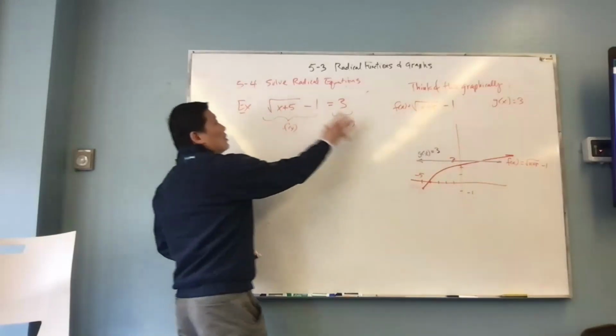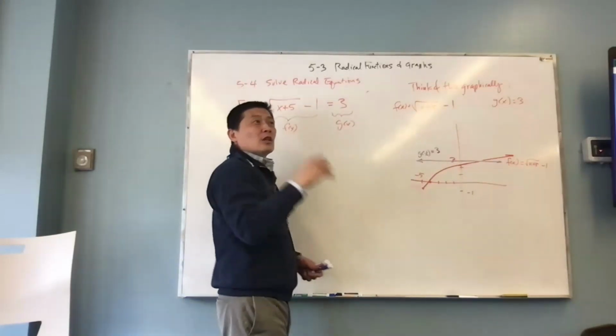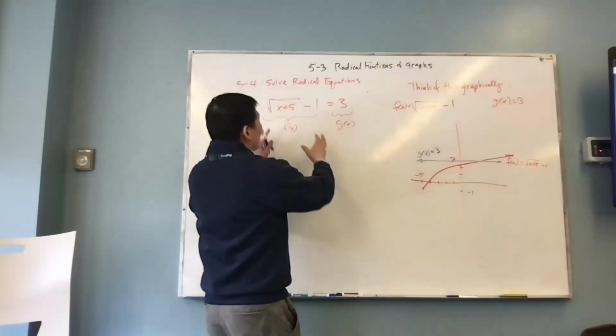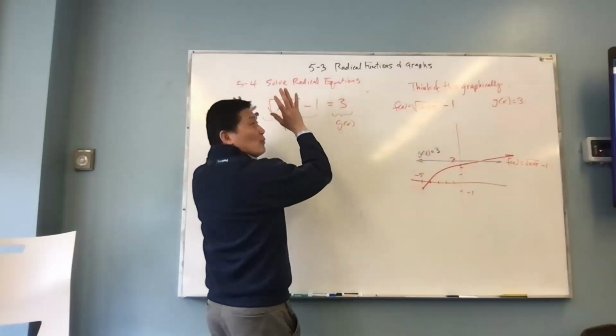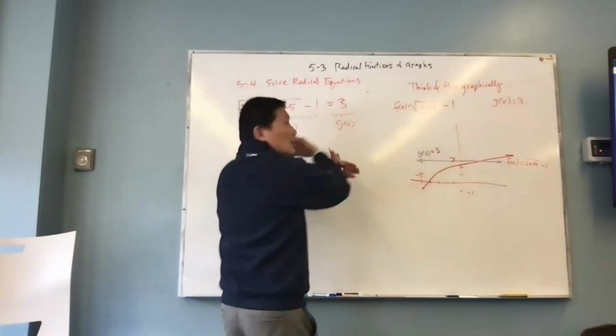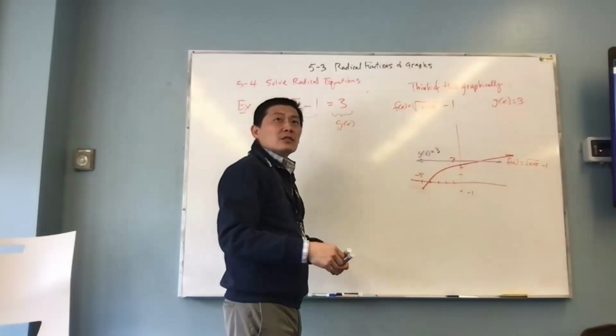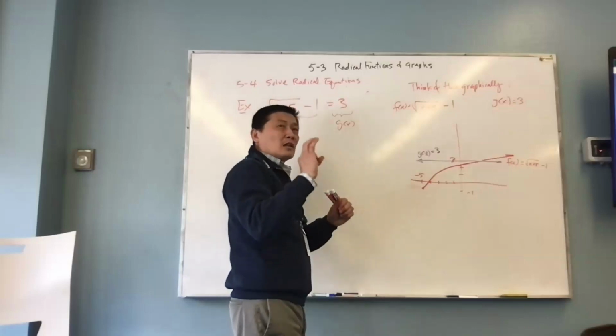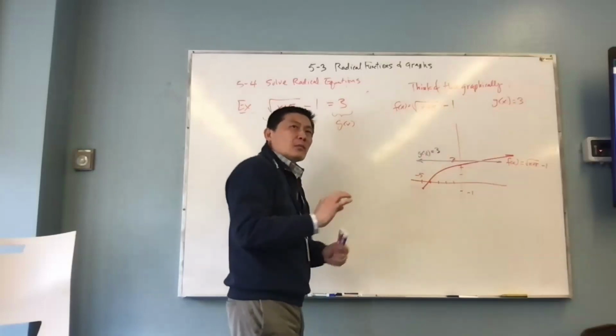So when you set this equal to each other, what are you looking for on the graph? When you have an equation and you think of one side of the equation as one function, another side as another function, and you set them equal to each other, what does that mean? Not the actual value, but what is the concept?